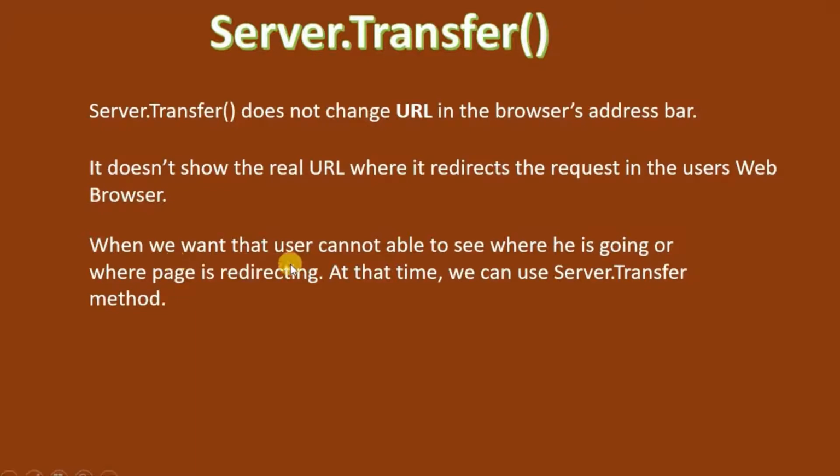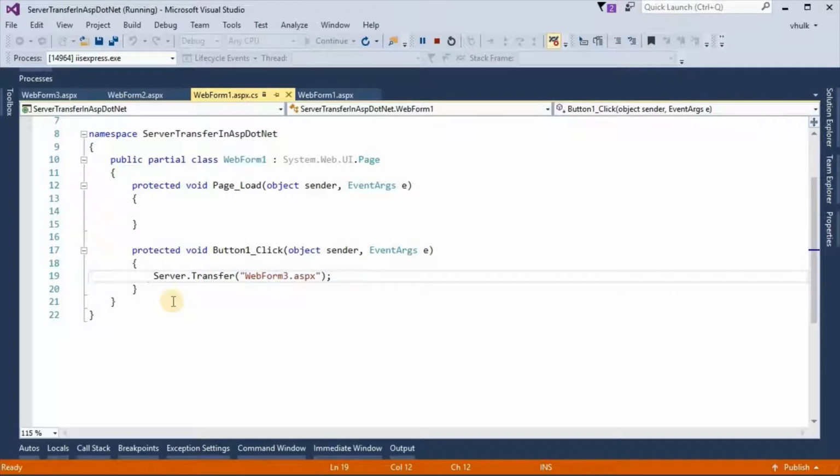When we want that user cannot see where he is going or where page is redirecting, at that time we can use Server.Transfer method. Server.Transfer method is present in click event of button which is present on WebForm1.